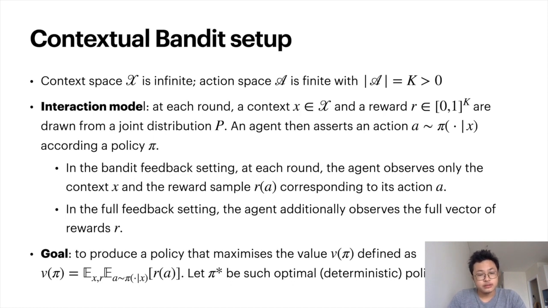The goal here is to maximize the value V pi, which is simply the expected reward according to policy pi. We denote pi star as the optimal policy, and it is easily proved that the optimal policy is a deterministic policy.